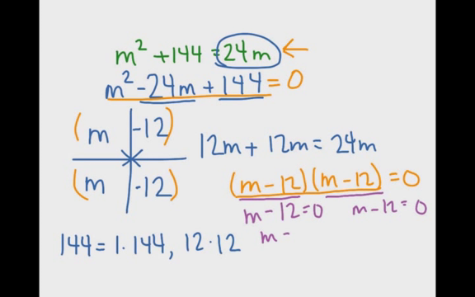So we have m equals 12, and m equals 12. So the only possible value for m that can make this equation true is m equals 12. Now, one way that we can check to see if we found the right answer is to plug 12 back into our original equation.